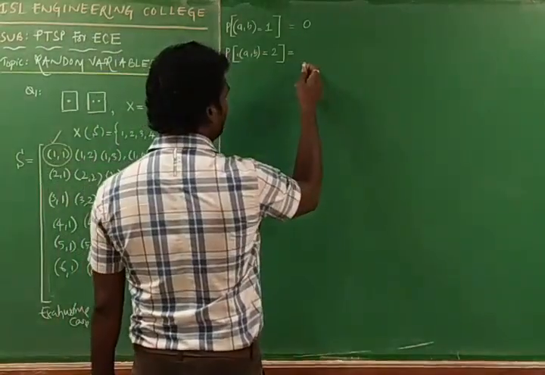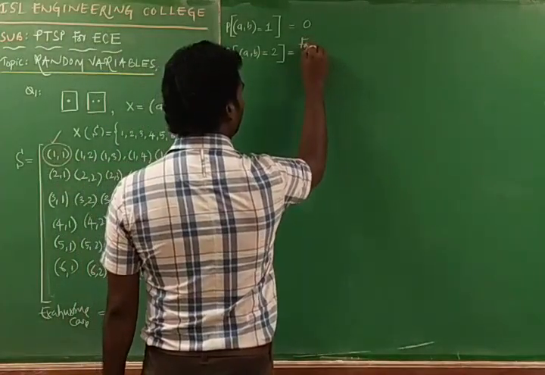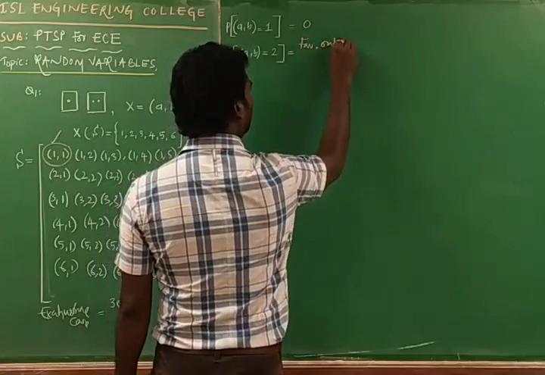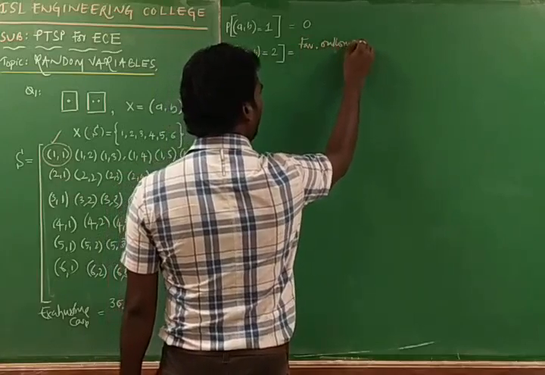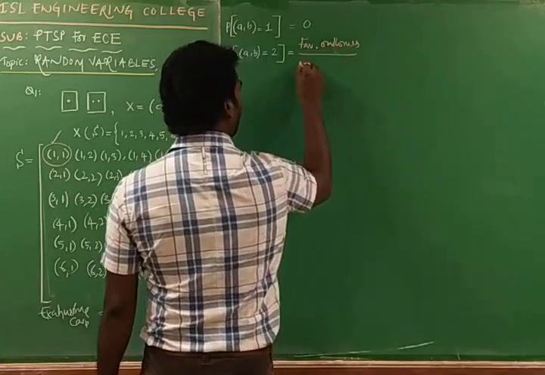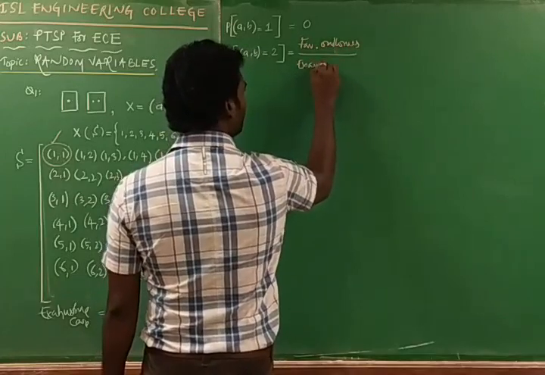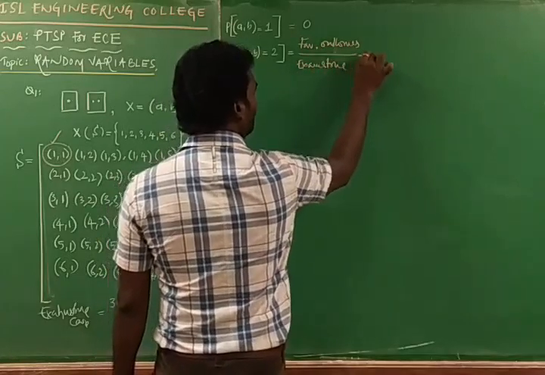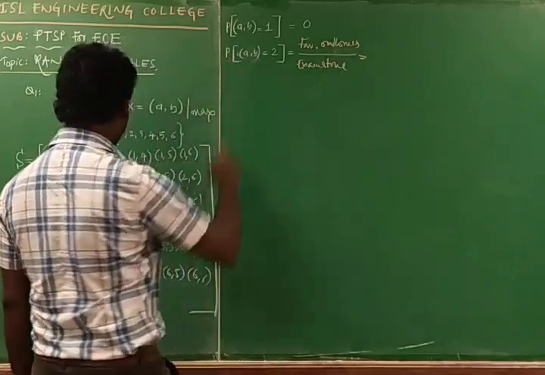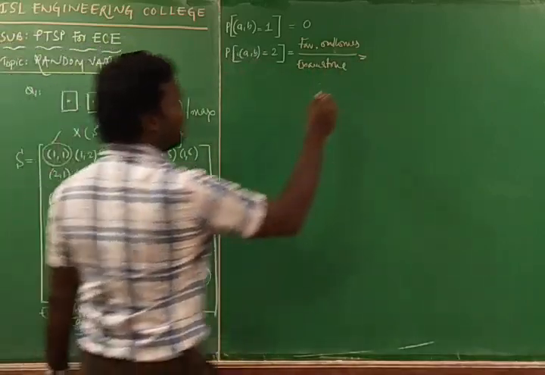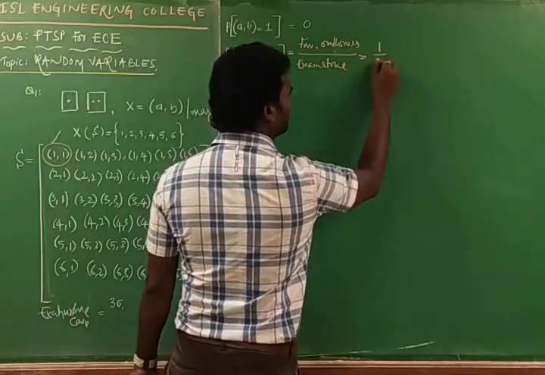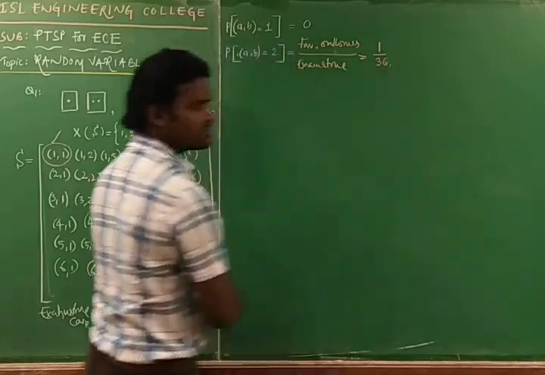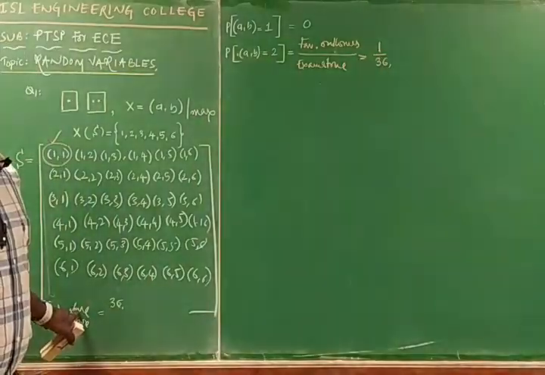From the definition, probability is favorable outcomes of an event over the exhaustive cases. Favorable outcomes are only one, that is 1,1. So 1 by 36, as the exhaustive cases are 36.